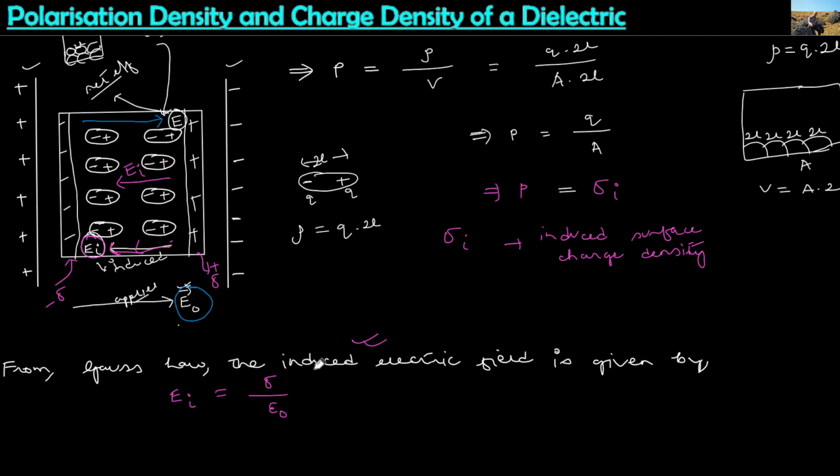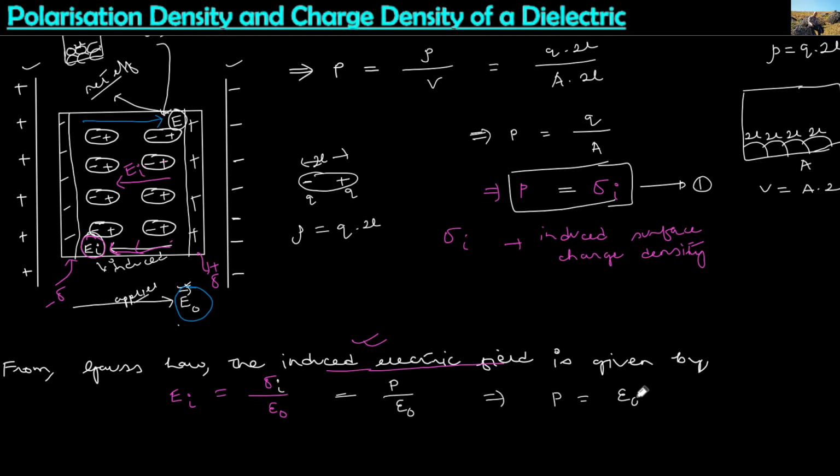In this case, if we are talking about the induced electric field, then it is not only sigma, but sigma I. So from this equation, we got that the polarization is equal to the surface charge density. So we can replace this sigma I by P, and we get an equation of P equal to epsilon naught times EI.